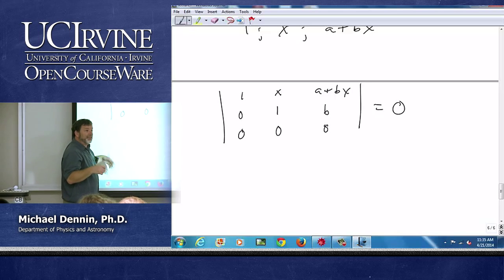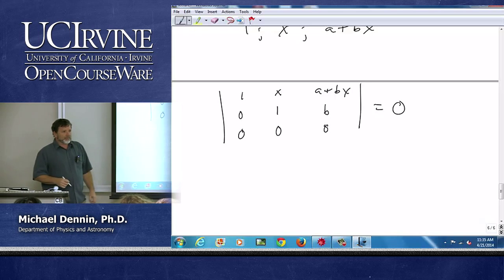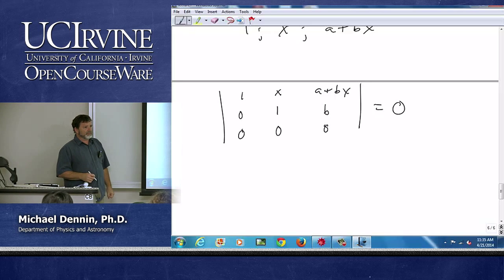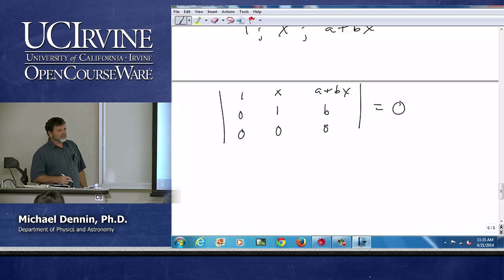So they are linearly independent because the determinant's not 0. Is the Wronskian being 0 sufficient to prove that it is linearly dependent? Yes. Is the Wronskian not being 0 sufficient to prove that they are linearly independent? Yes. Oh, okay, awesome. Yeah, that's all you have to do. So this was dimension 2.